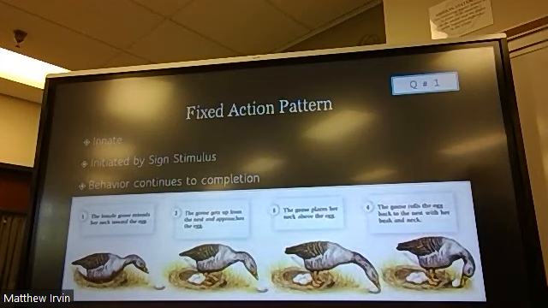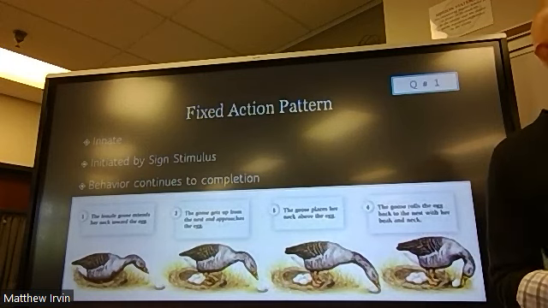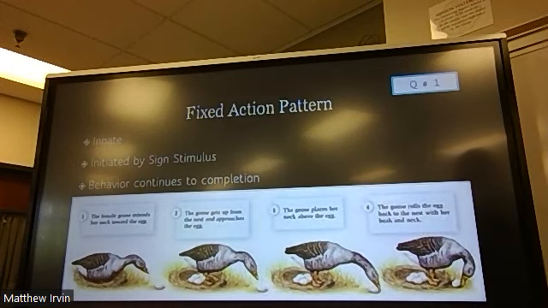So somehow the behavior increases the organism's ability to gain resources, to reproduce, or to raise young, to pass on those traits. And since a lot of behaviors have a genetic component, you can have the natural selection of particular behaviors. So our first type of behavior is a fixed action pattern.